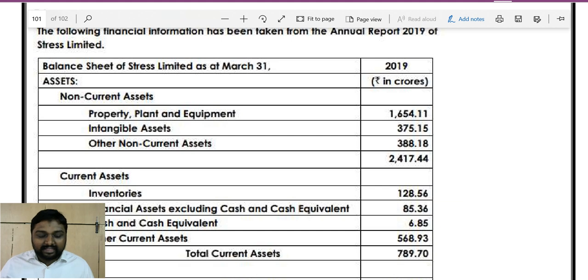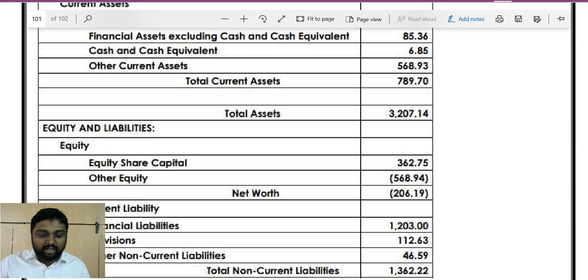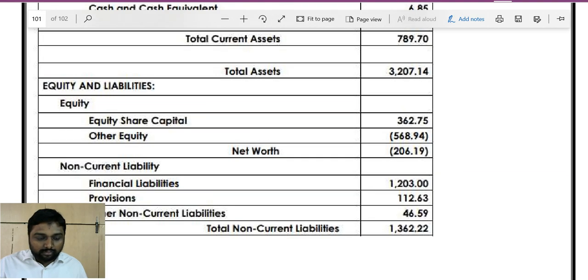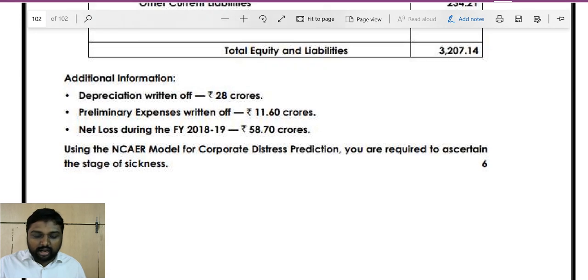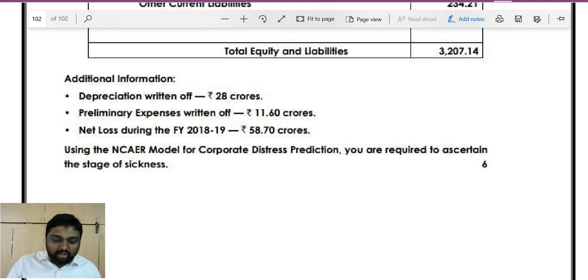Balance sheet, assets, non-current asset, plant property equipment, intangible asset, other current asset, inventories, all those details, total current asset, equity and liabilities, where we have equity, share capital, other equity, net worth, non-current liabilities, total non-current liabilities, current liabilities, total equity and liability, additional information: depreciation written off, preliminary expense written off, net loss during the financial year 2018-19, using the NCAER model of corporate distress prediction.